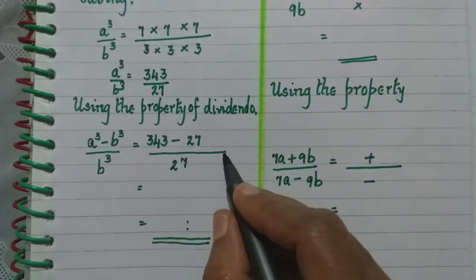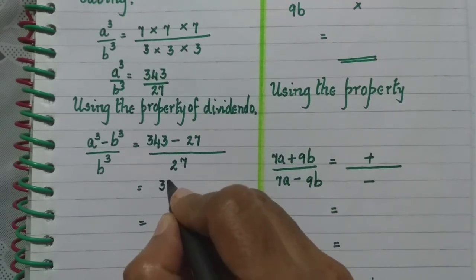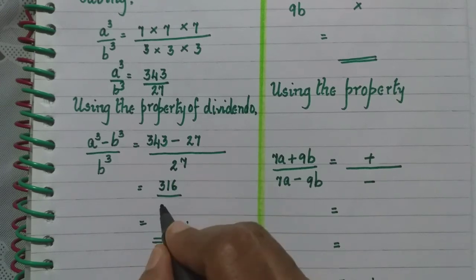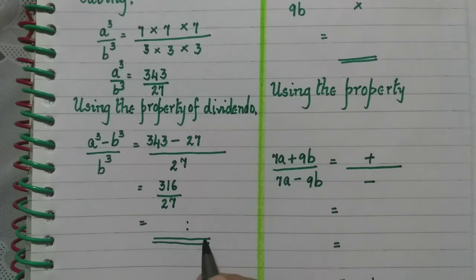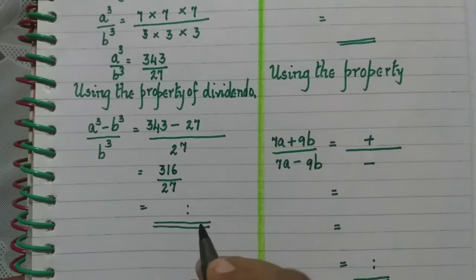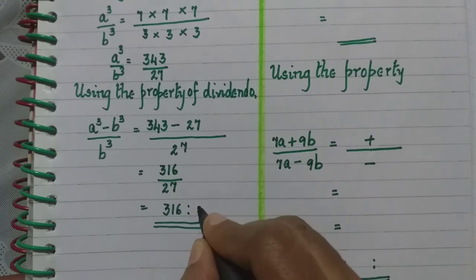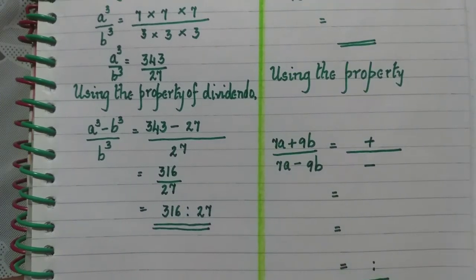Now what is 343 minus 27? It is 316 upon the denominator, which remains as it is. And we have to write the answer in the form of a ratio. Therefore, the answer becomes 316 is to 27.